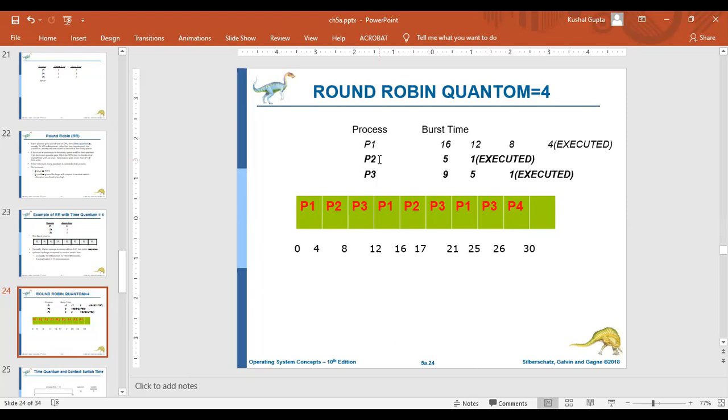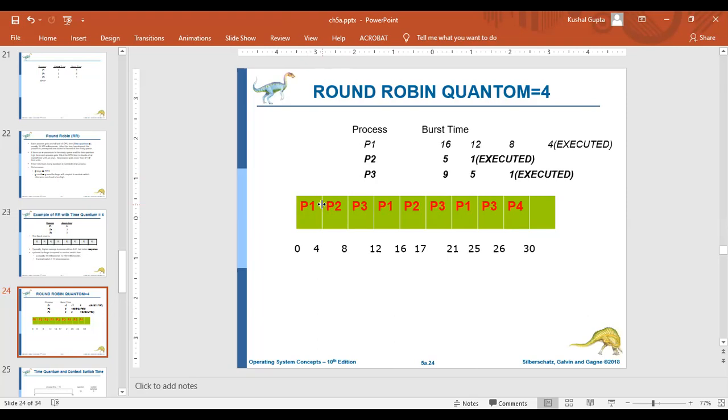But in this way, our context switching time will be more, because you are shifting some processes from the CPU and you are introducing a new process to the CPU again and again. In between this switching, you are removing P1 and introducing P2.